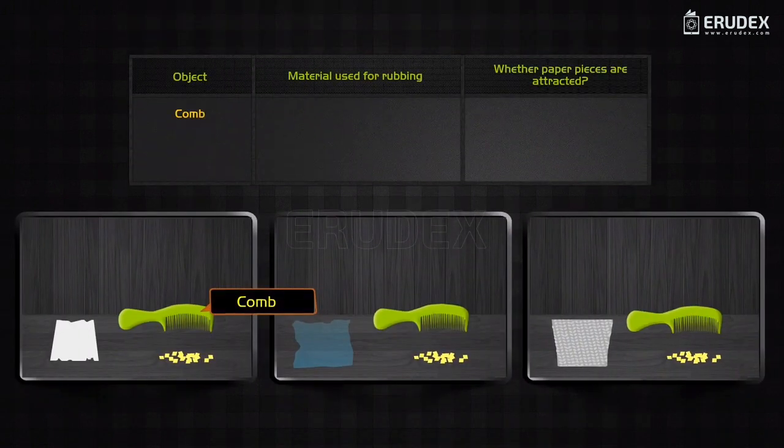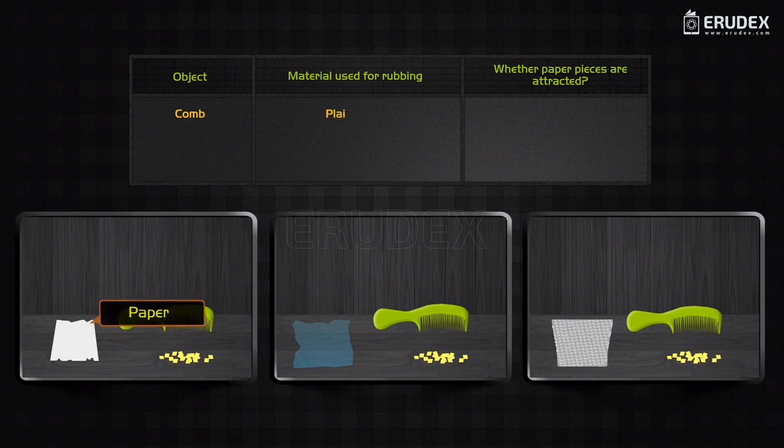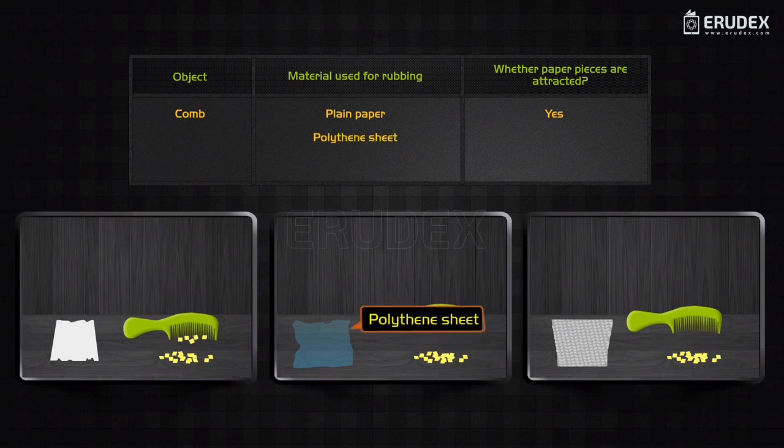The object is comb. Plain paper is the material used for rubbing. It attracts the pieces of paper. The object is comb. Polythene sheet is the material used for rubbing.